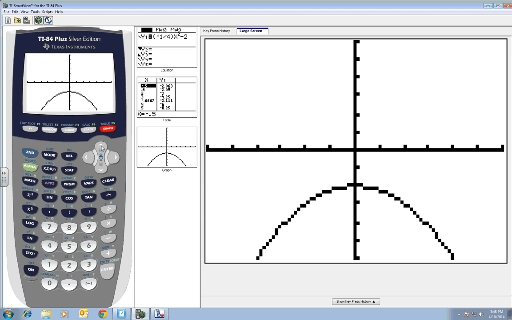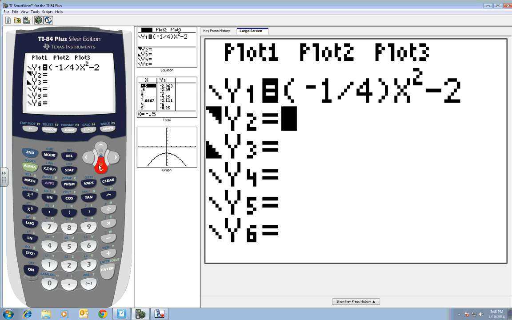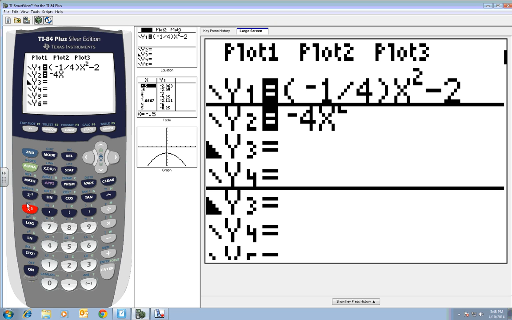Okay, there's that graph. Now, I'm going to compare that graph A to graph C. That was my other choice. So I'm just going to graph these at the same time. I'm going to put graph C in my Y2. I need to go over here and get rid of this before I do that because I was graphing inequalities before. All right, so I'm going to graph negative 4 x squared minus 2.